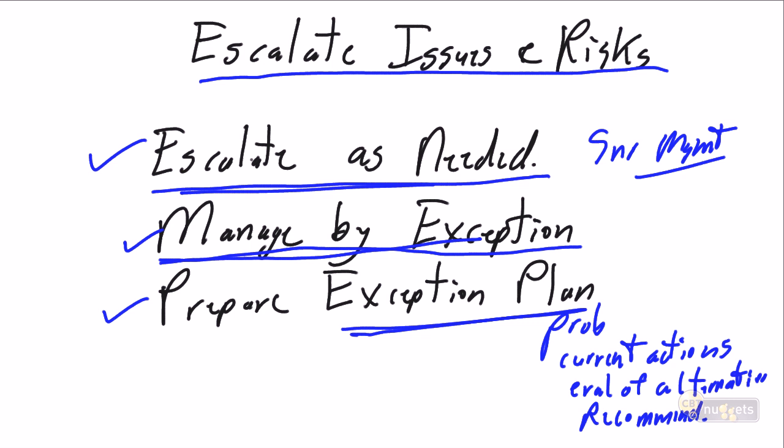Dear management, please help me make this issue and risk go away. It's exceeded my tolerance. It's exceeded my ability to manage. Here's all of the details that you need to help me, and please help me. I'm escalating the issue and risk according to the PRINCE2 principle of management by exception.